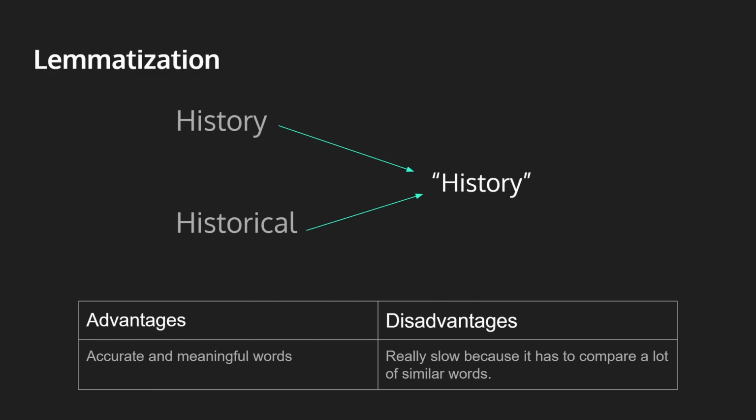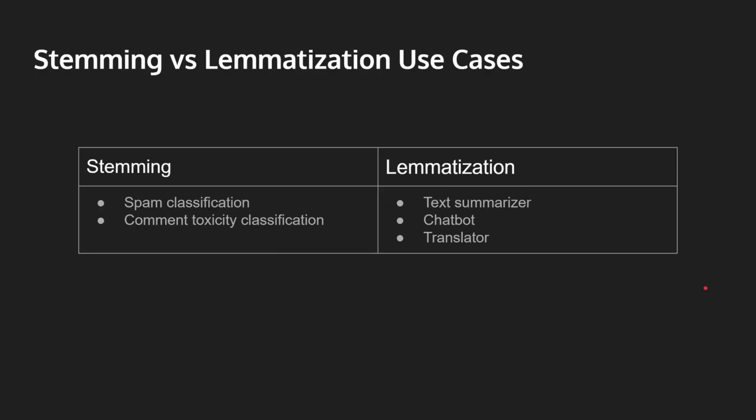So you might be realizing that stemming and lemmatization have different advantages and disadvantages that each of them sort of overcome for the other. Then you might be wondering, which one should I choose? Well, that really depends on the use case.